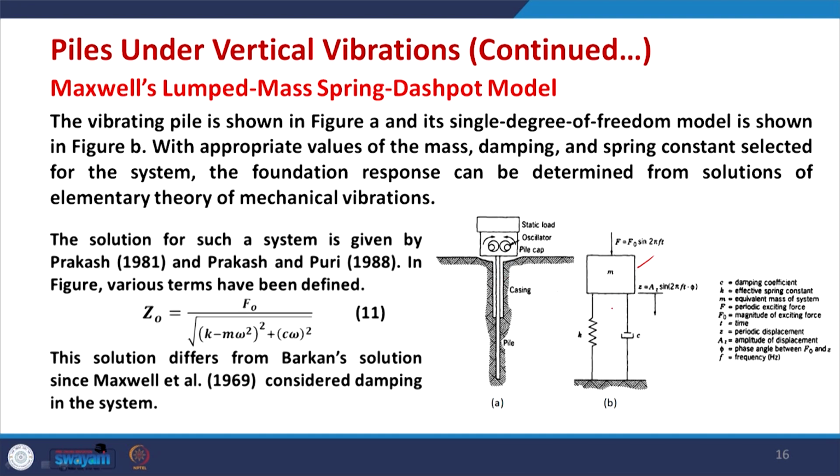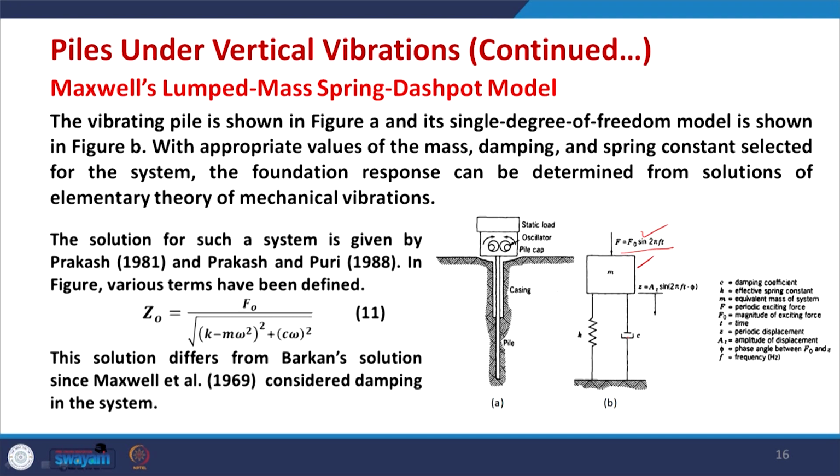This is a single degree of freedom system which has stiffness as well as damping, and the mass is vibrated by a force F equal to F naught sin 2 pi f t. There is a spring as well as a dashpot, so a single degree of freedom system is considered there.